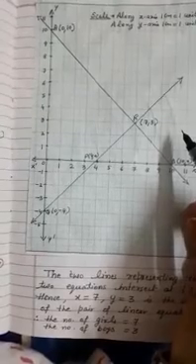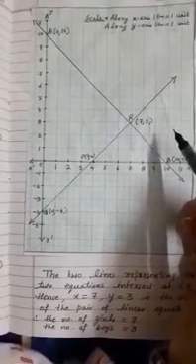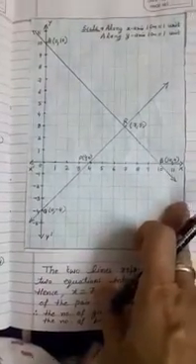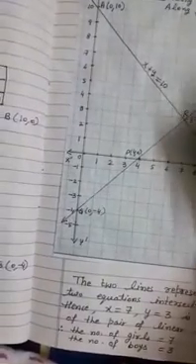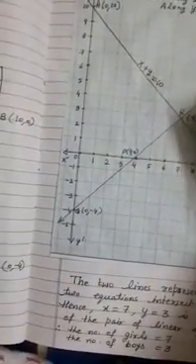Here what we have to do is always write the equations on the lines. I have not written them here, let me write. The first equation is x plus y equal to 10 and here it is x minus y equal to 4.